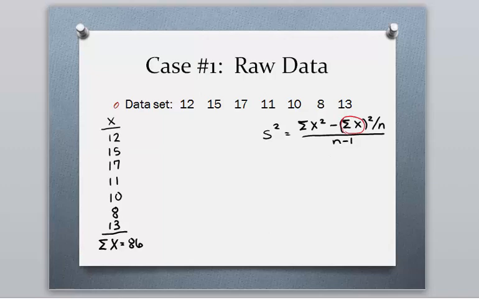Now, we also need to find this second sum. This says that we're going to take our x values, square them, and then add them up.